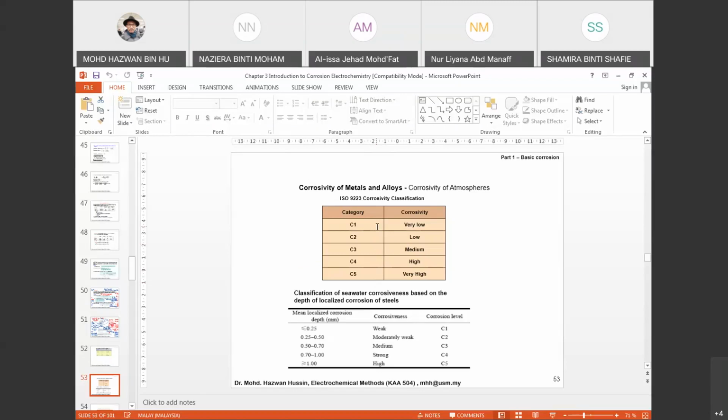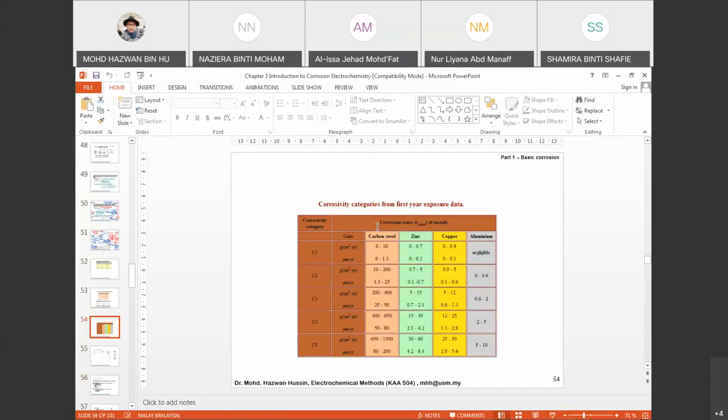But if the category is C5, then the corrosivity is considered very high, and this indicates that the metal experiences massive degradation. For carbon steel, zinc, copper, and aluminium, the classification is different. This depends on the type of metal.